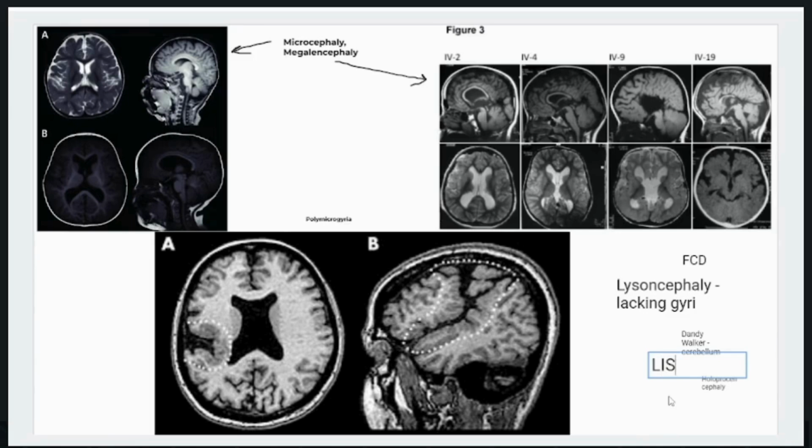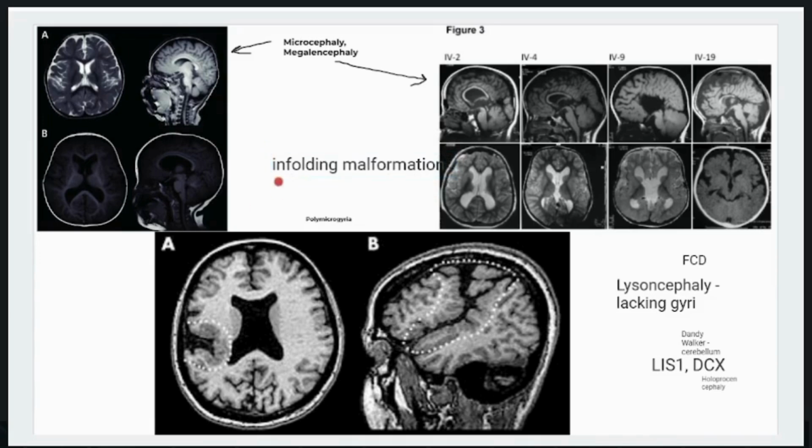Polymicrogyria is another condition where the brain develops too many small gyri, leading to abnormal cortical layering. Polymicrogyria is associated with epilepsy, cognitive impairment, and speech and motor deficits. This results from the gyri, which are the infoldings of the brain, not being properly formed, and instead of having big, deeper grooves, they have many small, shallow grooves.